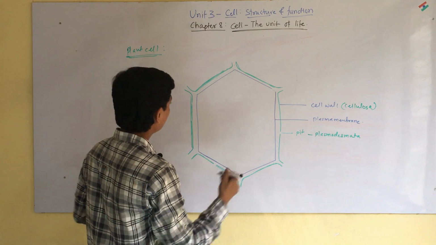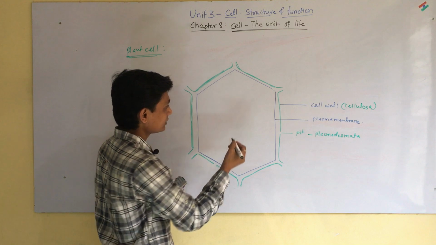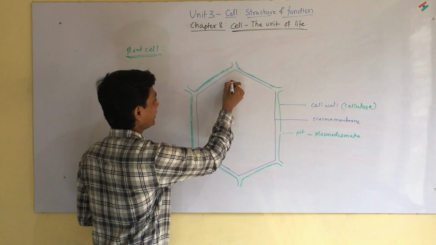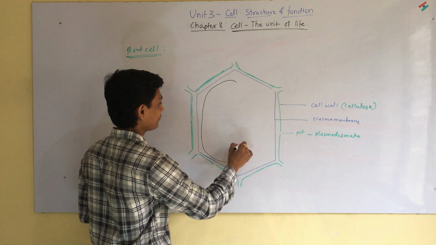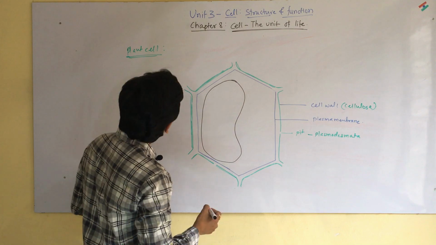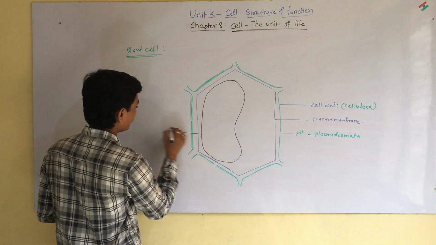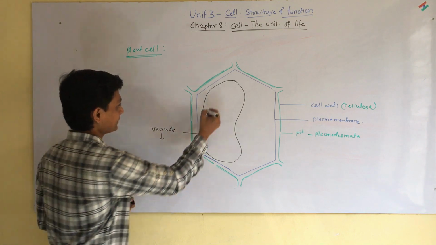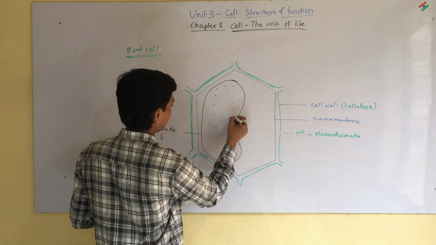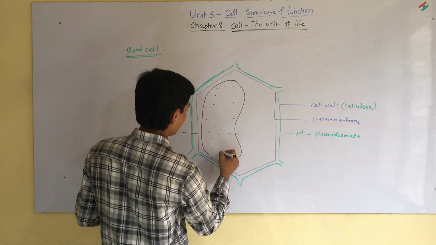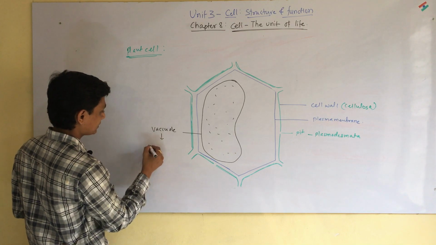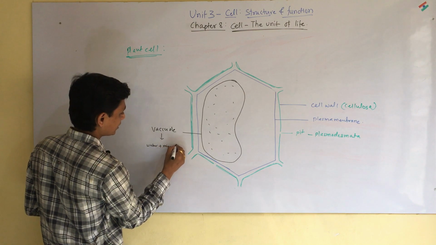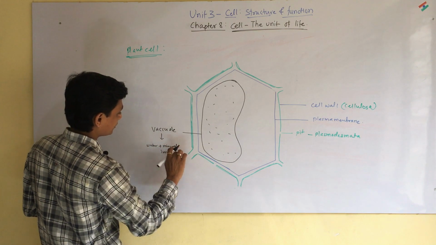Then inside this, the vacuole is there, but a vacuole as compared to the animal cell is a bigger one. Near about 80 to 90% of the total space of the cell is occupied by this vacuole. The vacuole contains water plus some minerals plus ions.